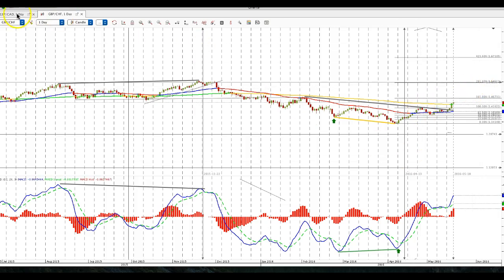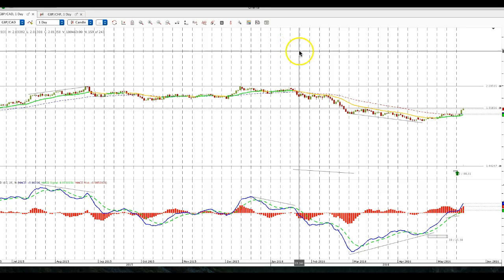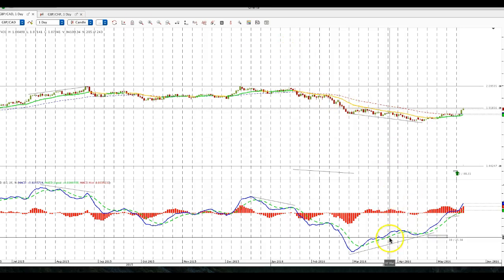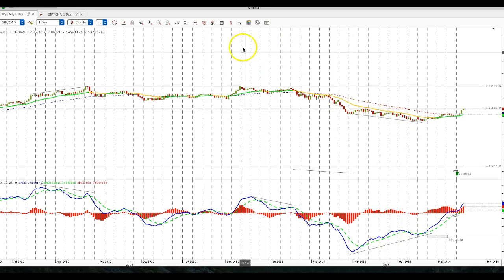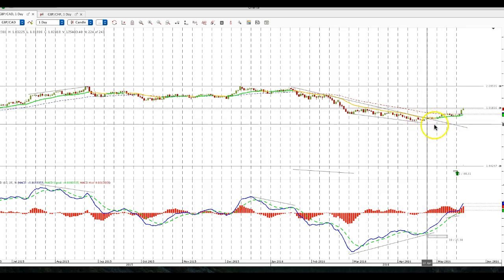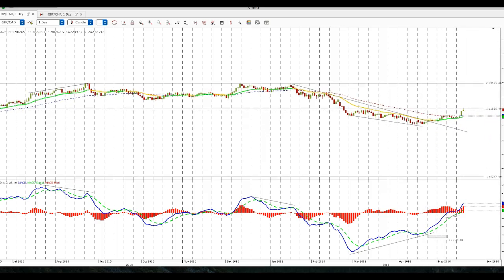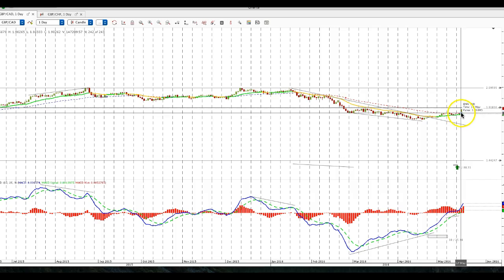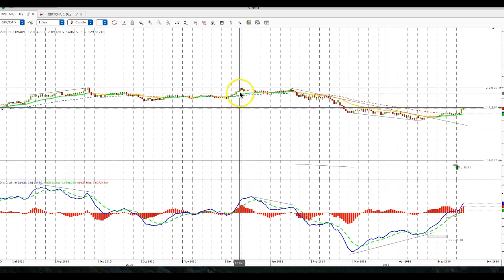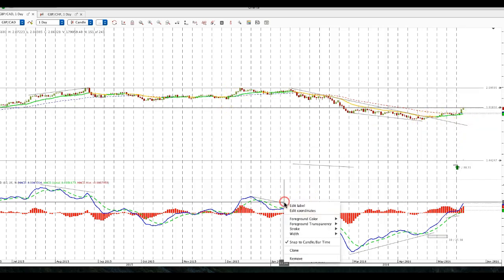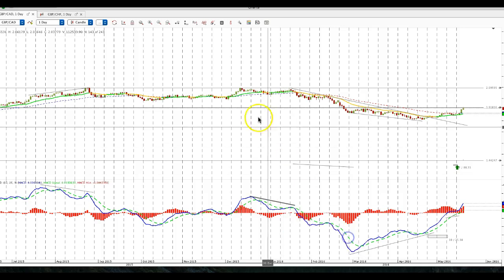The other one is pound Canadian, and we see the same thing. We have divergence, we have a trend line break. This is on a daily chart, and when we see these divergence setups on a daily chart, we're talking about weeks, if not months, of a change in direction. Just like here, we had a nice divergence setup.